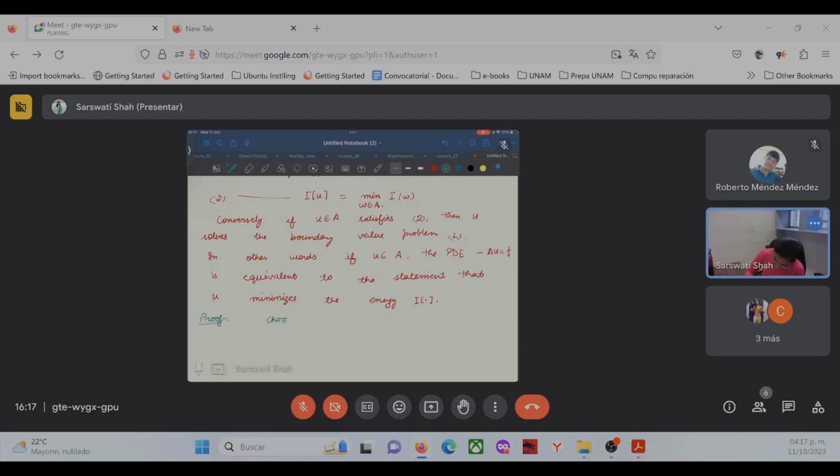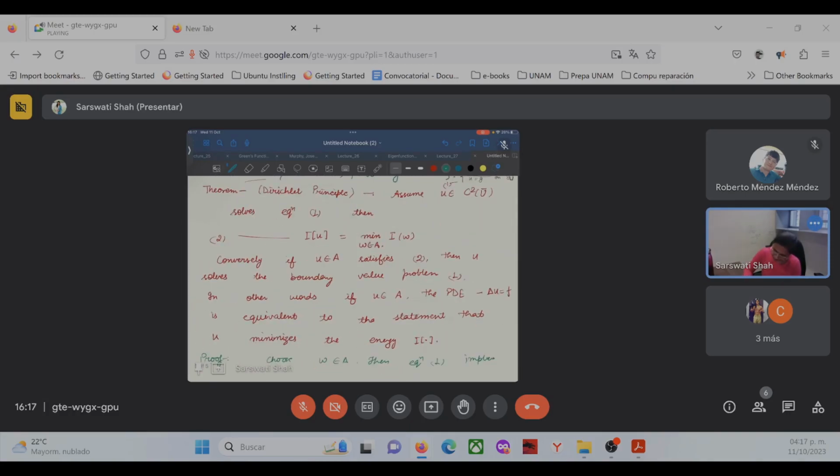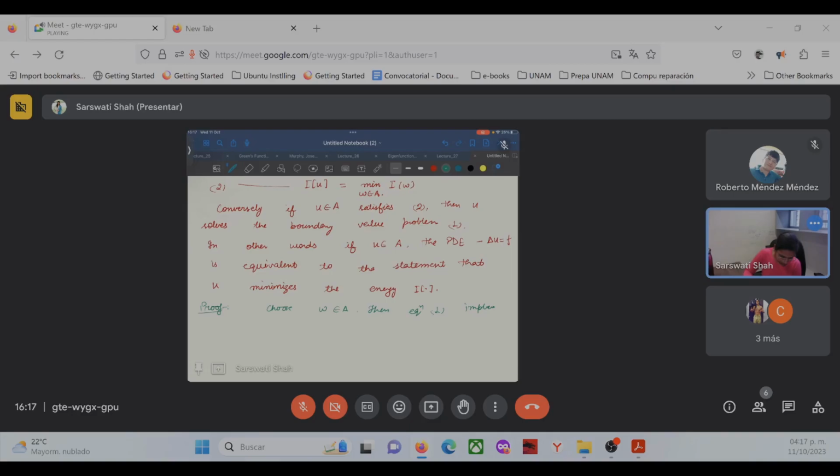Now choose W coming from the admissible set, then equation first implies this equation. Zero equals to... What is this U?